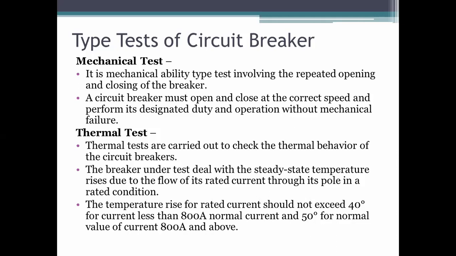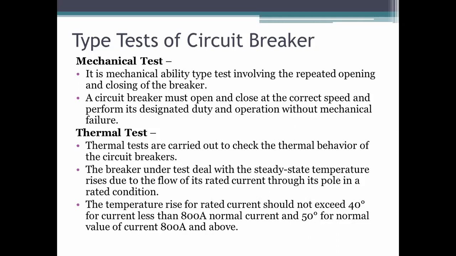That's why we use different materials like oil or air, not only as an arc quenching material but also as an insulating material, because the other parts of the circuit breaker also get heated when the arc is produced. So these thermal tests are carried out to check the thermal behavior of the circuit breaker, that is, its temperature when the arc is produced.